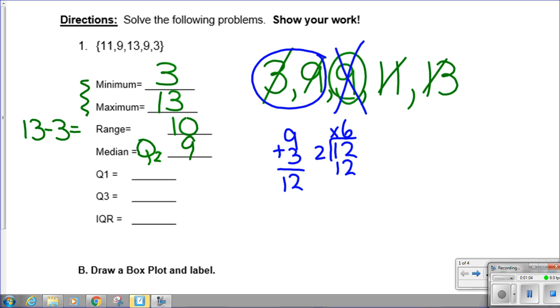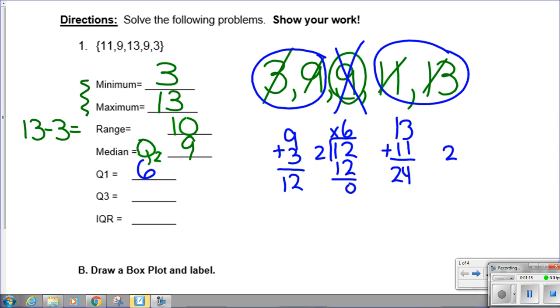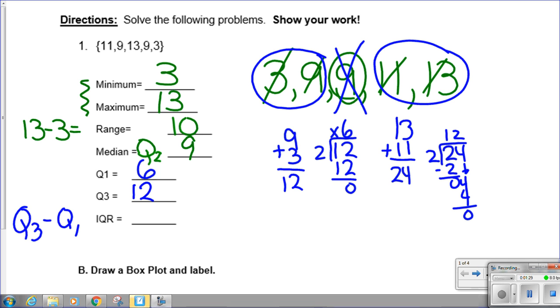So that is my Q1. Q3, I will use the 11 and 13, which is 24. And 24 divided by 2 is 12. IQR is Q3 minus Q1. So that's 12 minus 6 is 6.